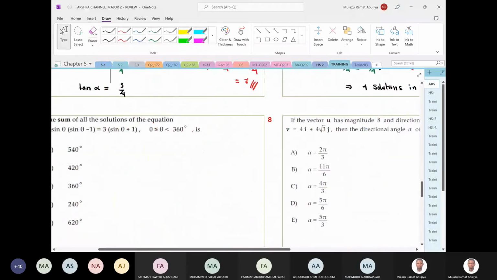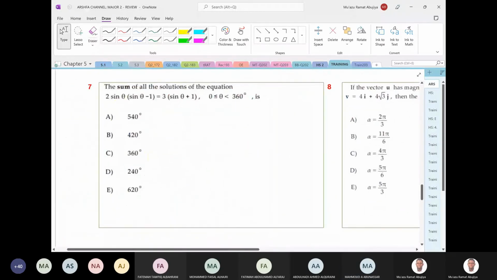All right. Now let us continue. Number 7, it says the sum of all the solutions of the equation. Now, if you look at this equation, I can see something inside the bracket here, and here we have a bracket. So let us bring them together on one side so that it is easier for us.